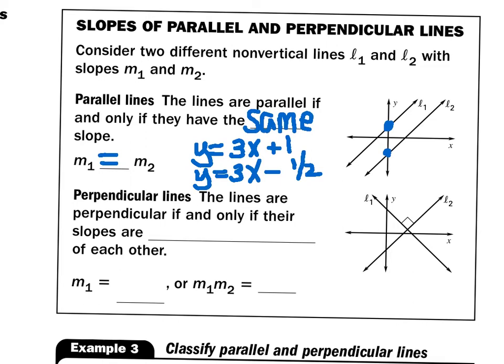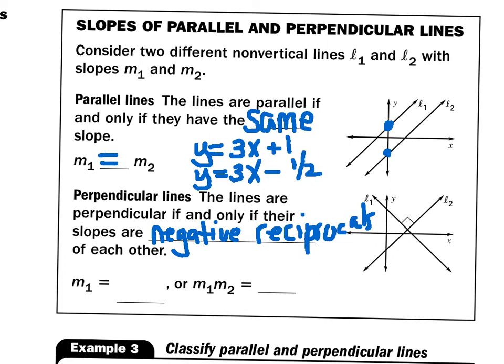Lines are perpendicular if and only if their slopes are negative reciprocals. And the way I say this, because negative reciprocals is kind of a long-sounding term, I say it's a flipped over opposite.